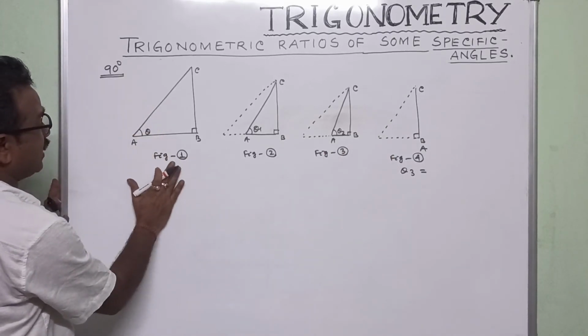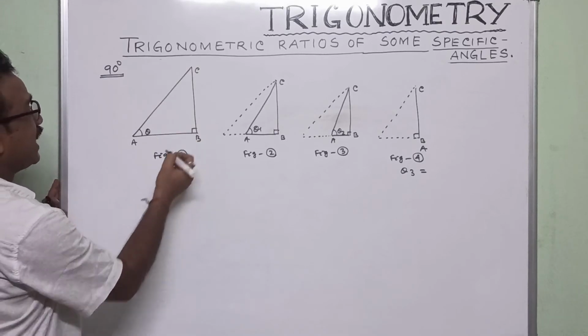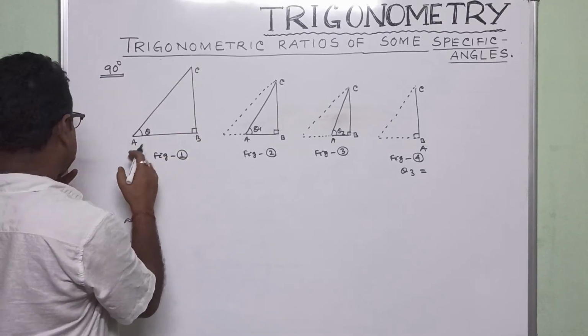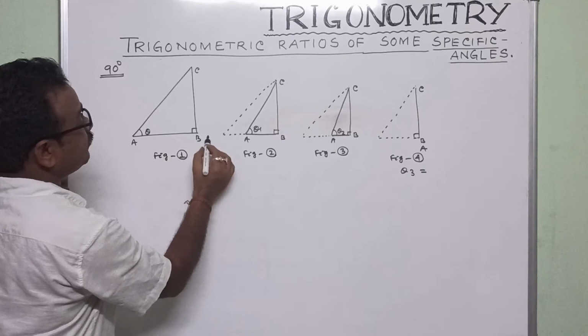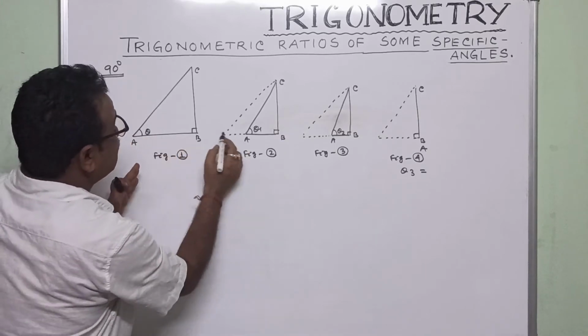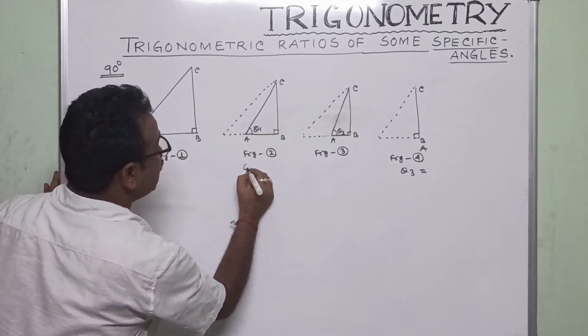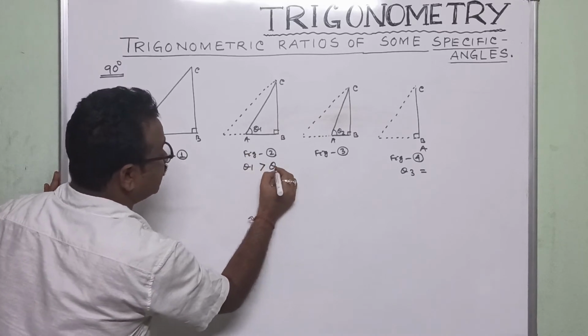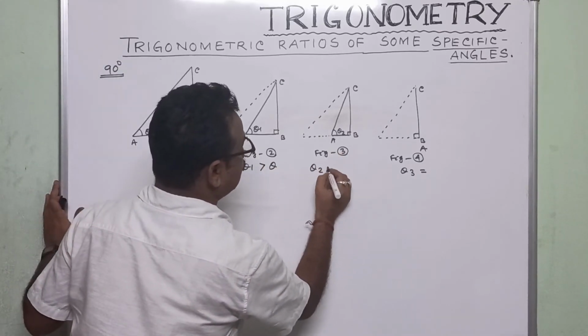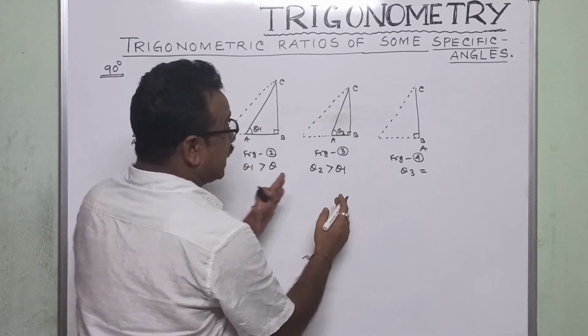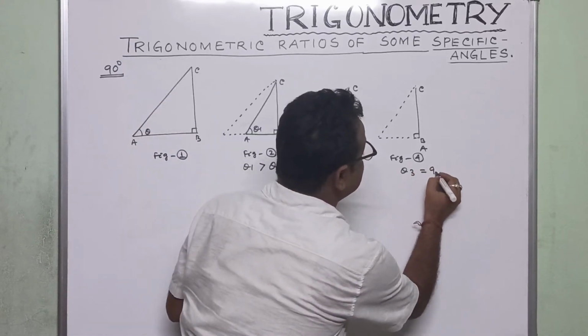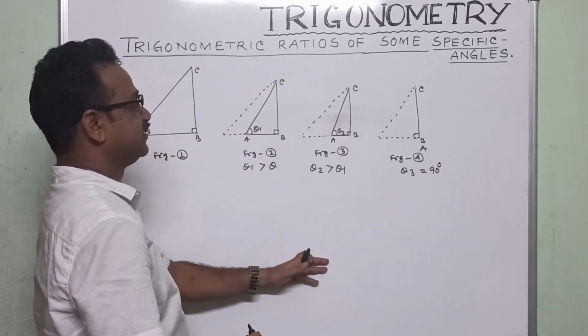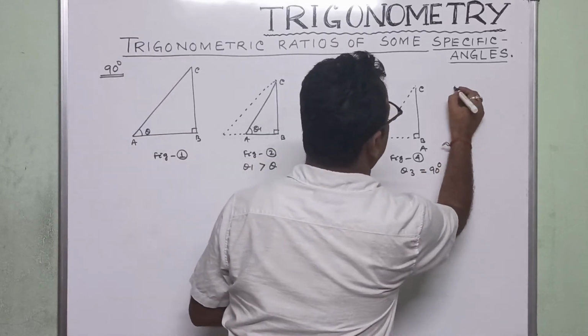In figure 1, ABC is a right angle triangle, right angle at B. To get 90 degree, see how I am decreasing the base and increasing the angle. Here theta 1 is greater than theta, theta 2 greater than theta 1, and here theta 3 becomes 90 degree.